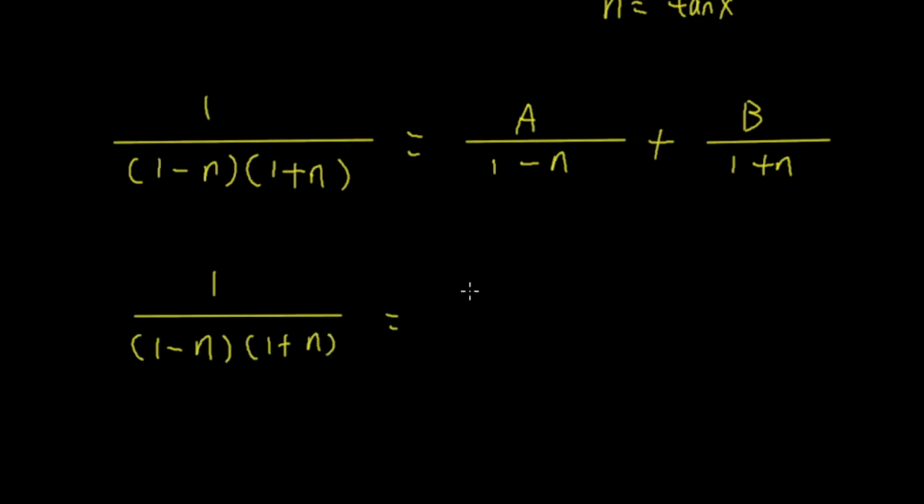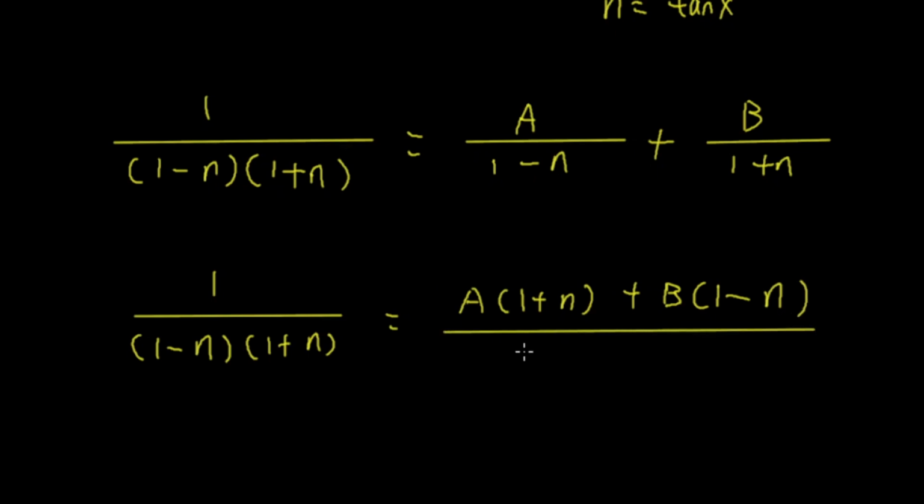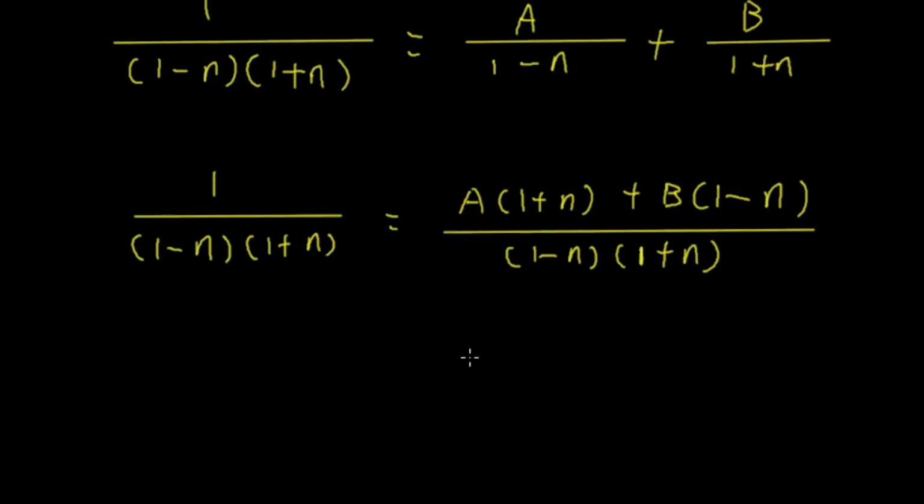Is equal to a times 1 plus n plus b times 1 minus n, all divided by 1 minus n times 1 plus n. Okay. Now, since we have a common denominator on both sides, we can say that the numerators equal each other.